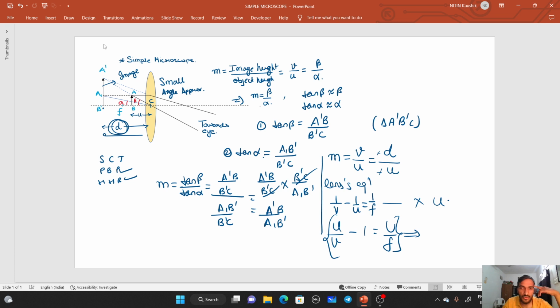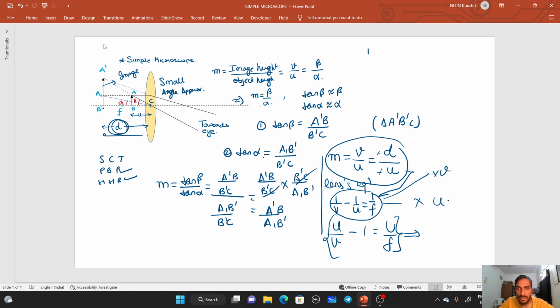So this is the lens equation, this is the magnification v by u, and if we want to derive it this way, again I have to go back and tell you. This is the lens equation, and this is the equation for the magnification. Look at these two equations. I will again multiply this equation by v.